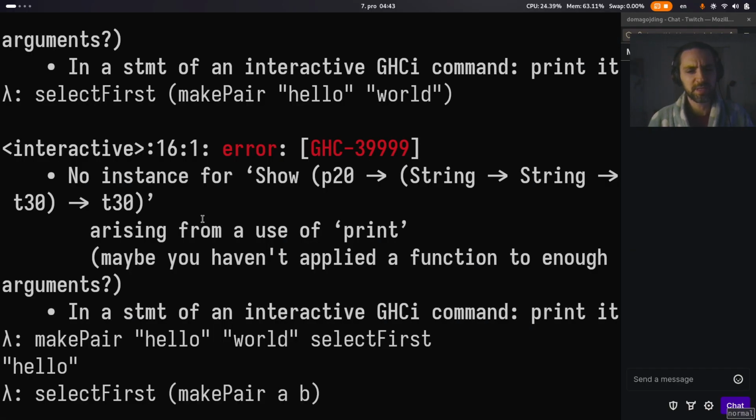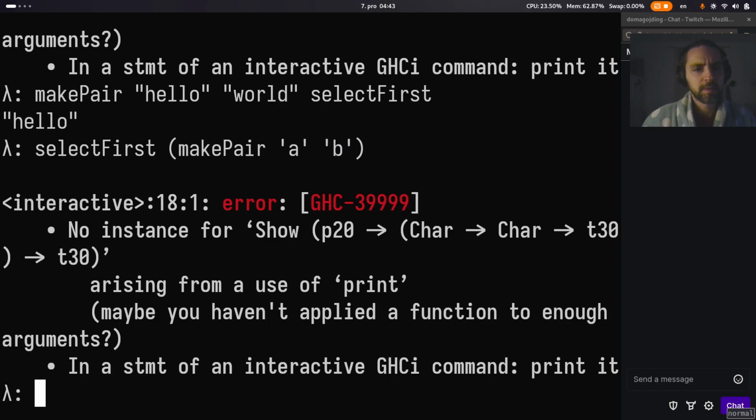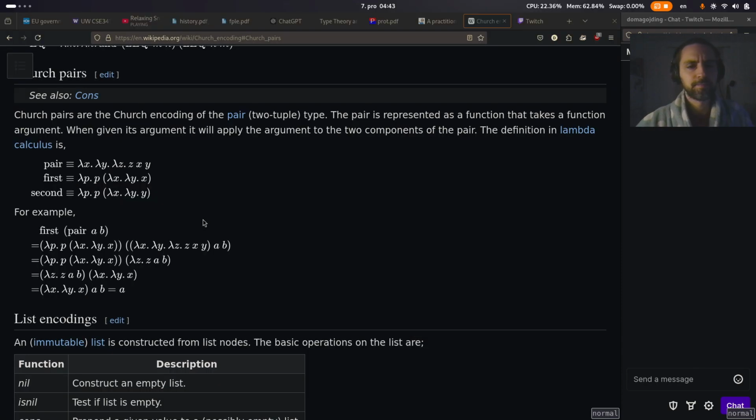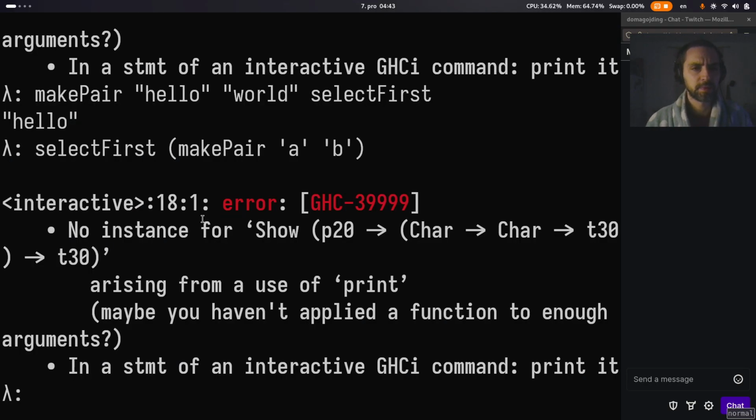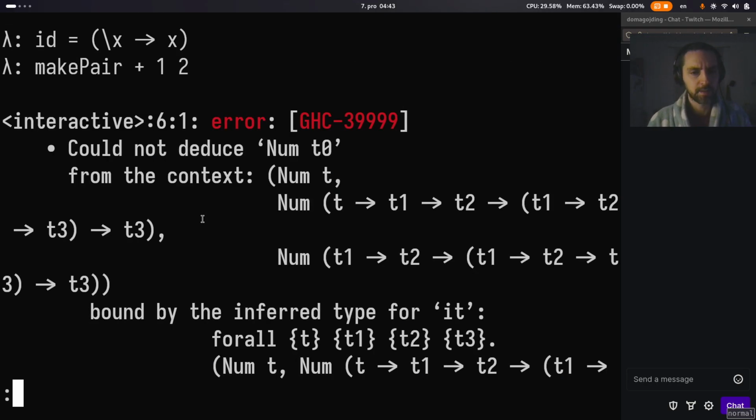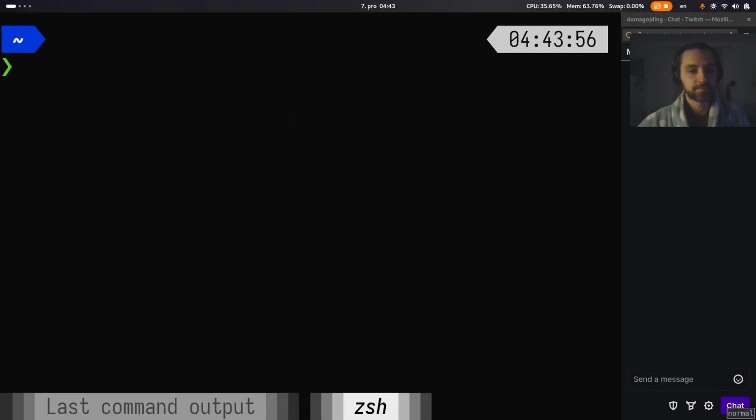Will this, no, this will not work because I don't have a value provided. Let's do like A and B. Yeah, why this doesn't work? Interesting. Wait, like this.